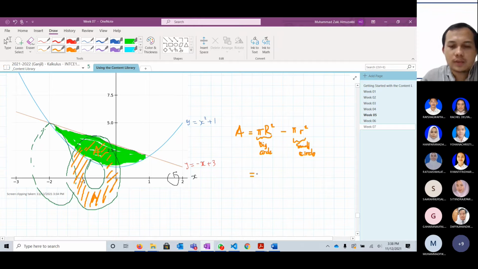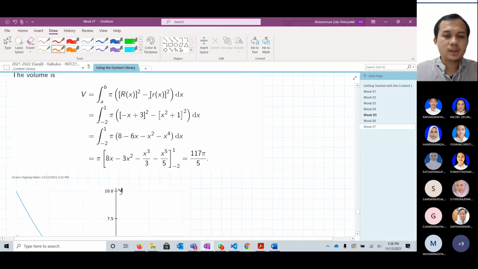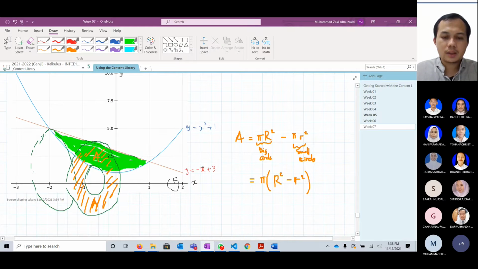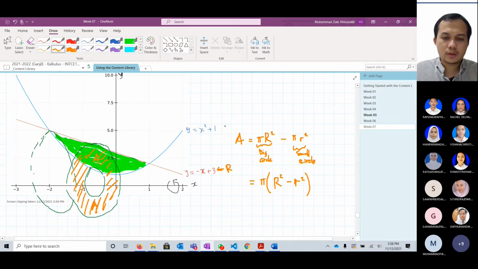So here we have that the area is pi times big R squared minus small r squared. That's why we get this formula. So here the big R is this guy, and the bottom one is the small r.